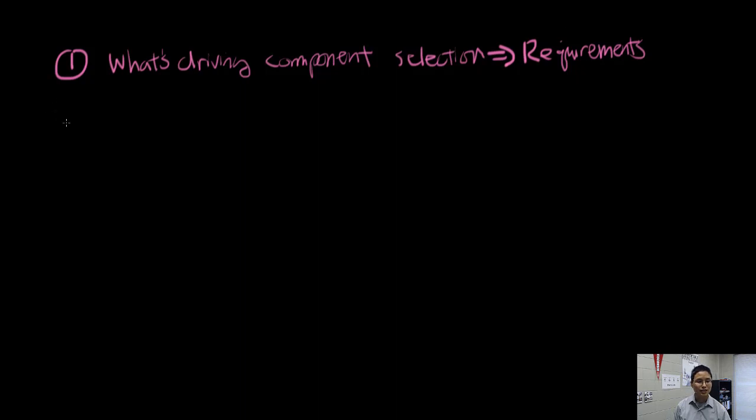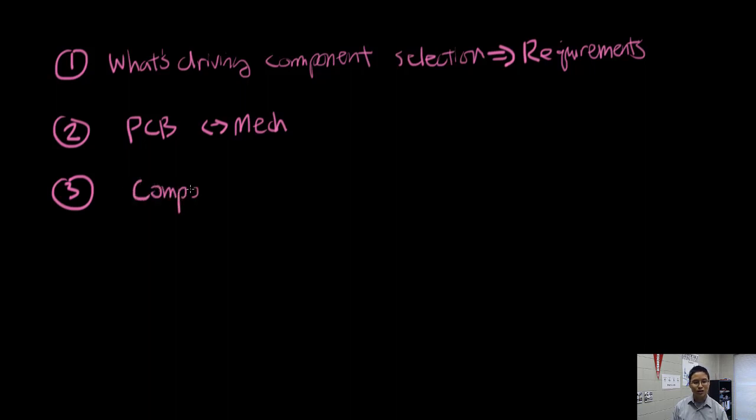The second thing that I want you to take away is the interplay between printed circuit board, or PCB, design and the mechanical design process. We're going to go over PCB design in greater detail in the future, but in the meantime, I wanted to give you a feel for where the PCB design process falls in the overall hardware design flow. And then the third thing is just a quick tour of component selection.